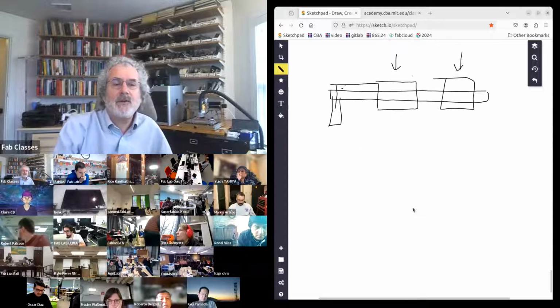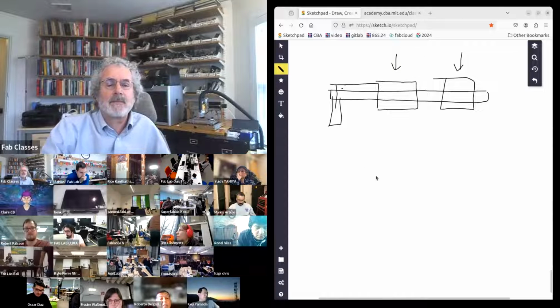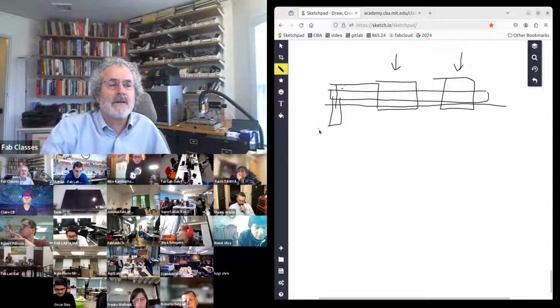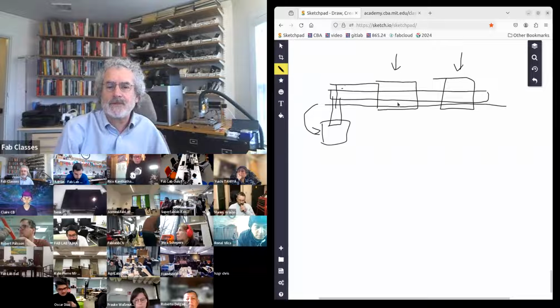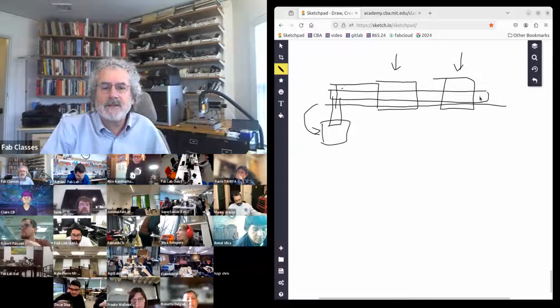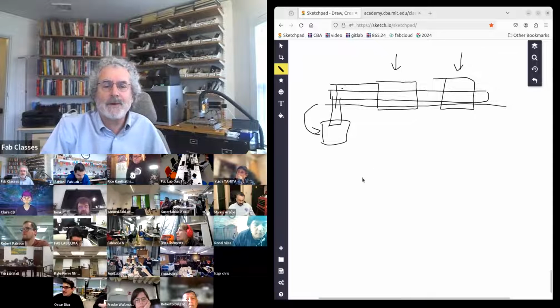The simplest thing you can do is, let's say we have a linear encoder that measures position. So we can set the current going into the motor based on the position measurement. So the obvious thing to do is you start the motor moving and you turn it off when you get to the destination. That's terrible.